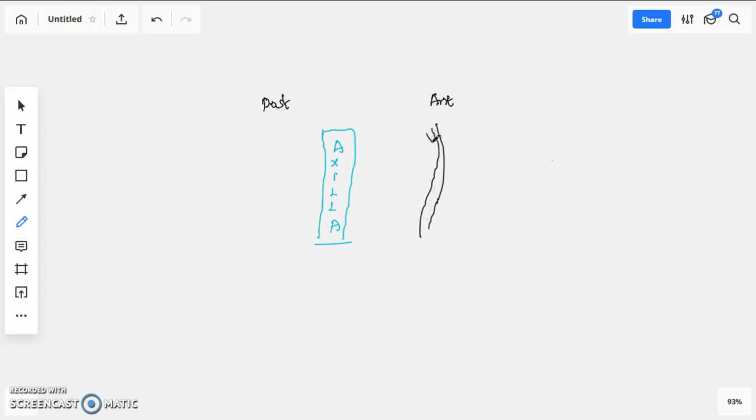Later we'll be having pectoral fascia, which is going to cover the pectoral region, and then we'll be having an important muscle which we will call the pectoralis major muscle.